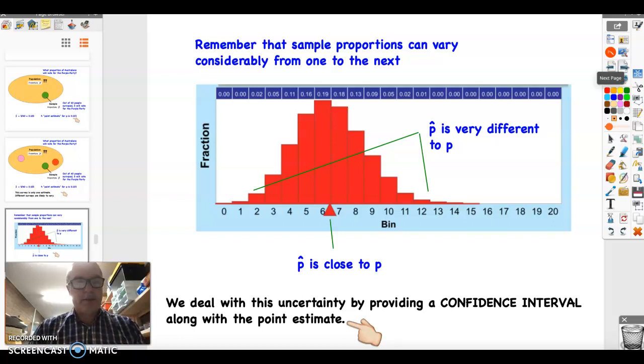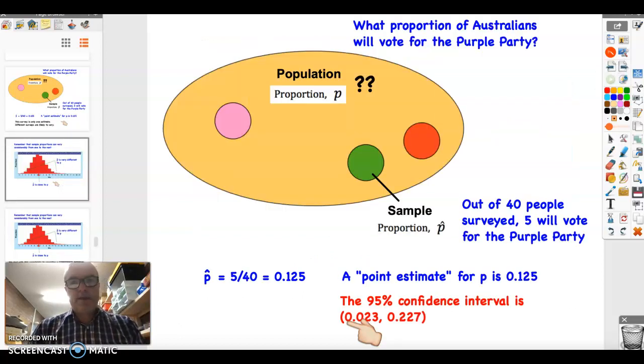So let's go back to our example. So thinking about the proportion of Australians that will vote for the Purple Party, if my survey shows that 5 out of 40 would, that's my point estimate. And along with that, I would provide a 95% confidence interval. And that's two numbers, a lower limit and an upper limit. So in this case, the lower limit is 0.023, the upper limit is 0.227.